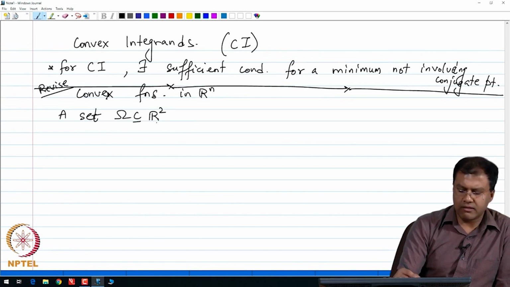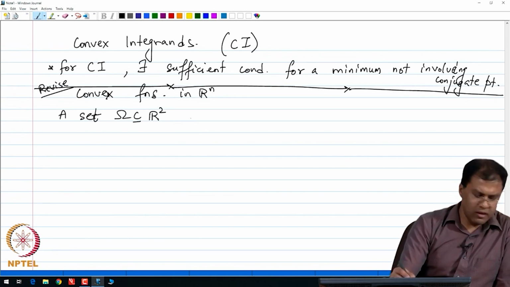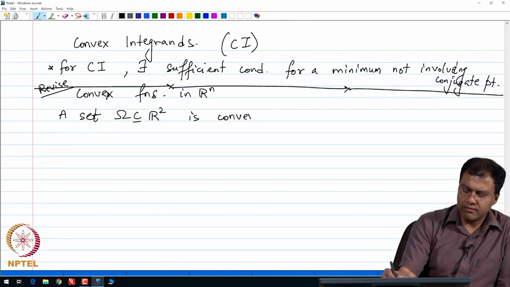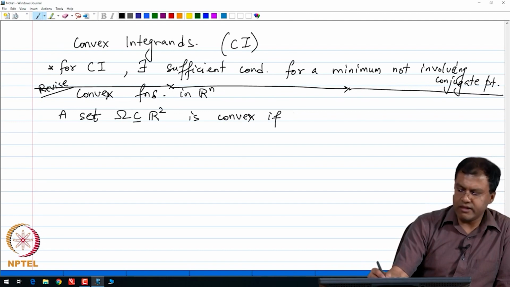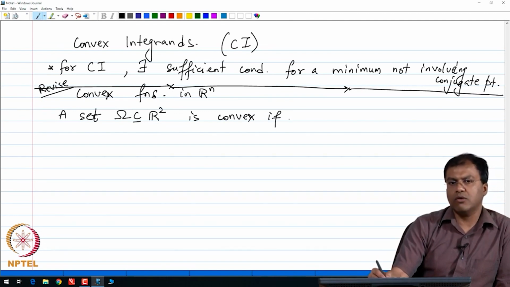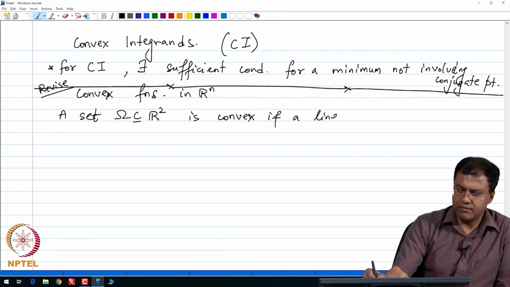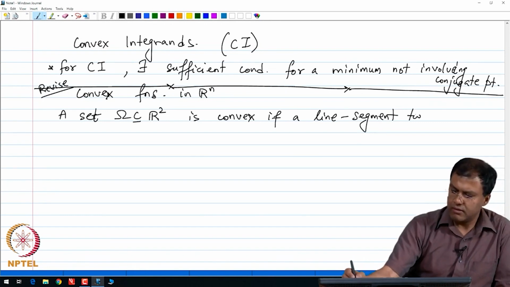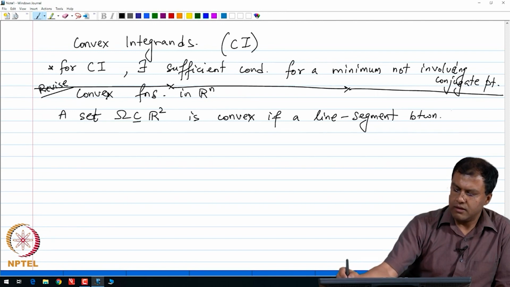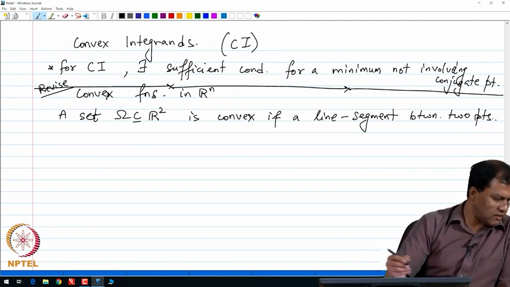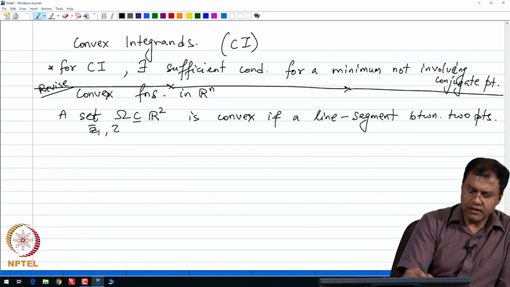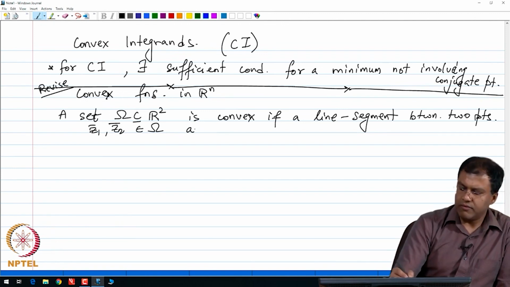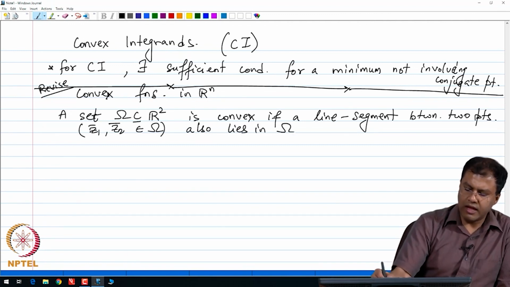A subset of R2 is said to be convex if the line segment between any two points Z1 and Z2 lying in omega also lies in the same set omega.